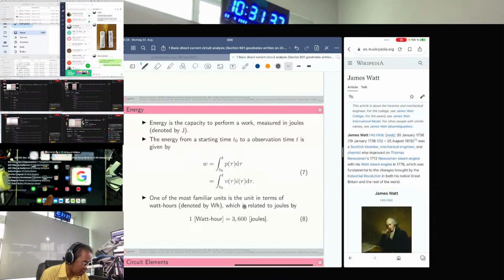The people would use the bigger scale, like in 1 hour, because you don't use the electric device for a second, right? For example, if you turn on the air conditioner, it will start to work for a few hours.